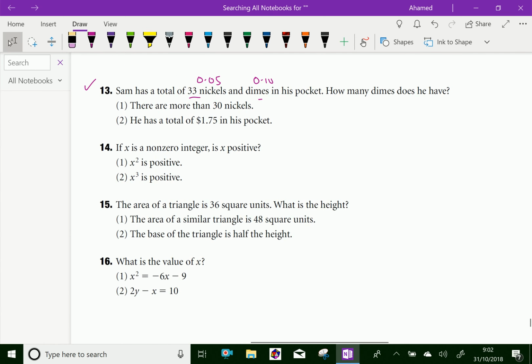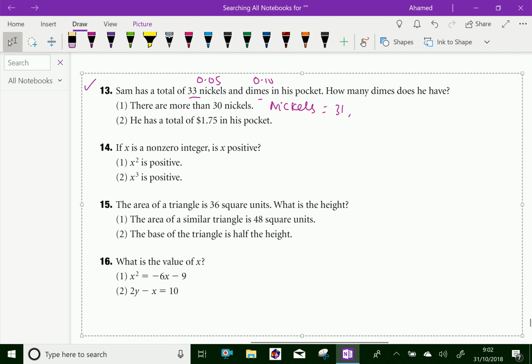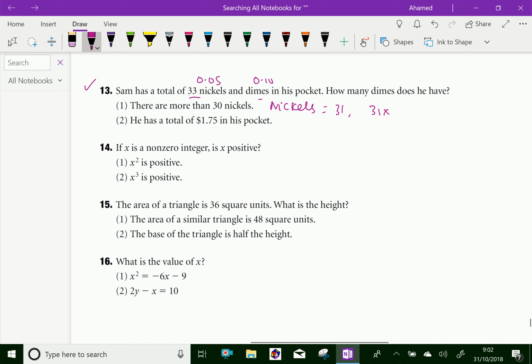Now there are more than 30 nickels. Maybe nickels have 31 first. Nickels have 31 numbers. Now each nickel have 0.05.